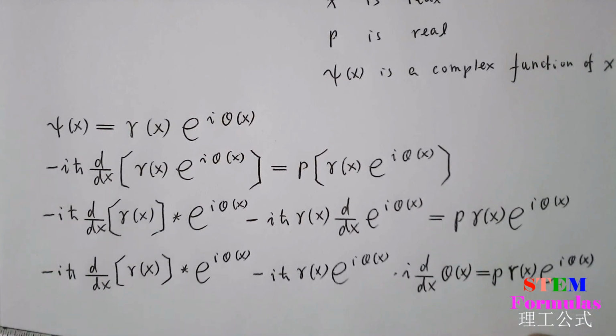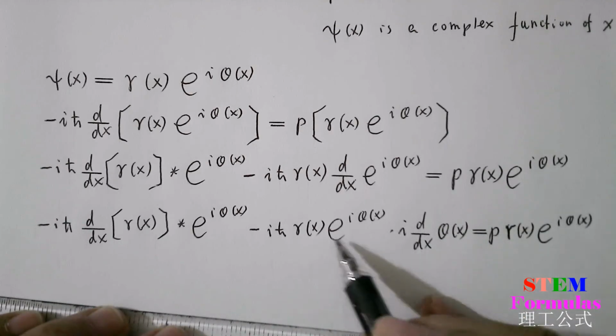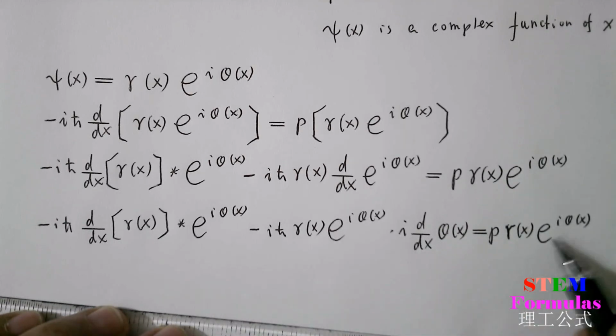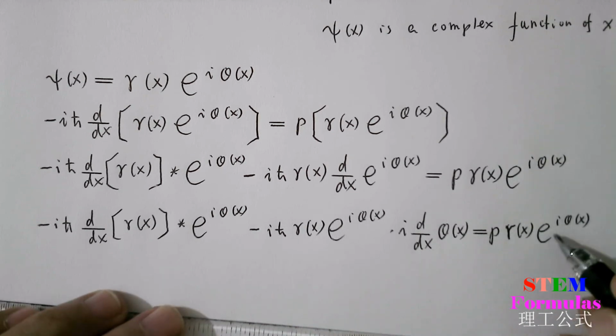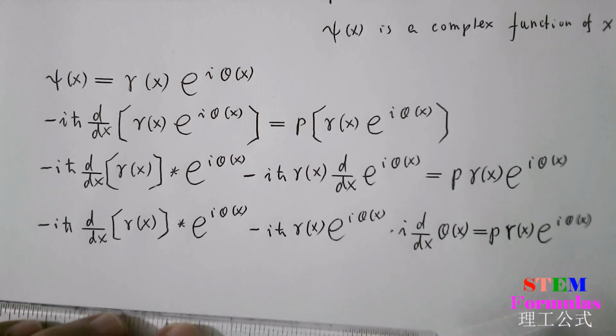Now we cancel out on both sides e to the i theta of x.